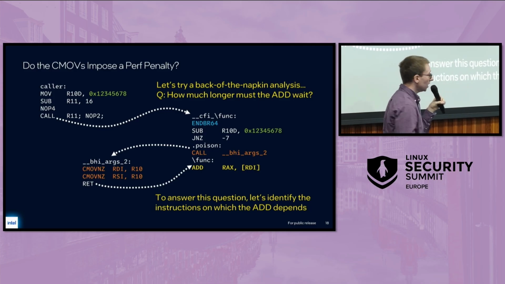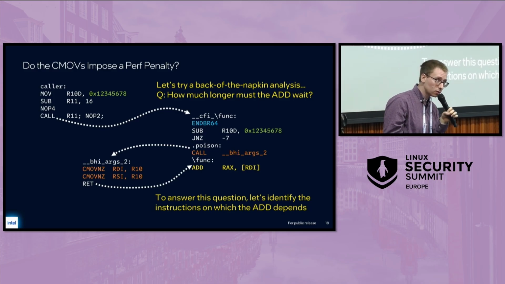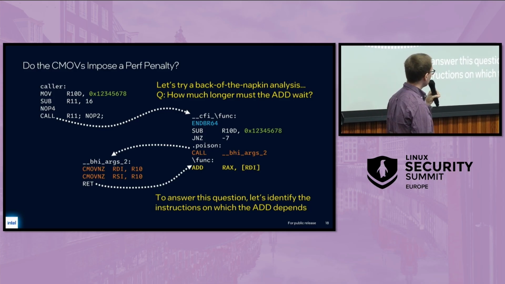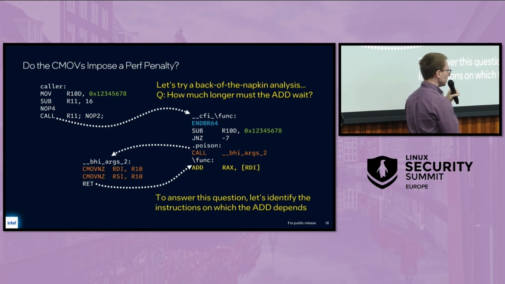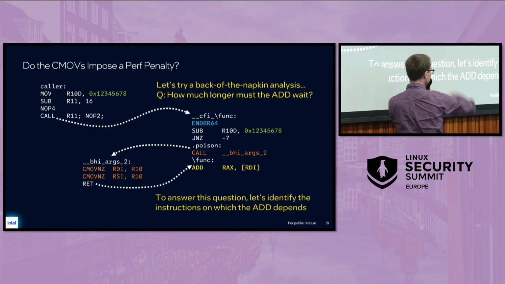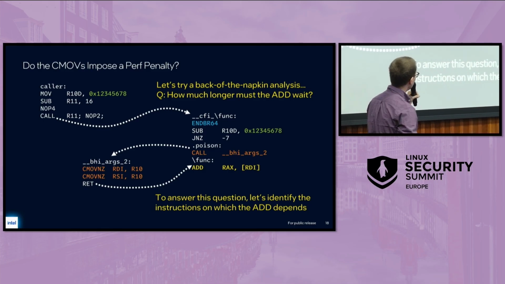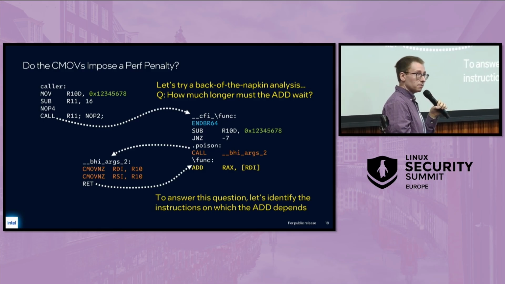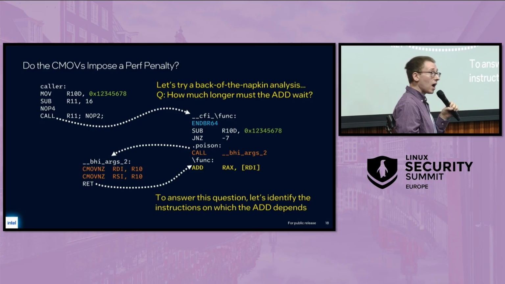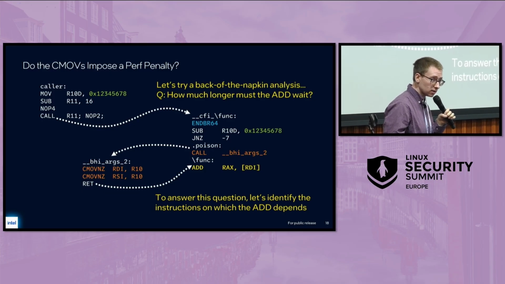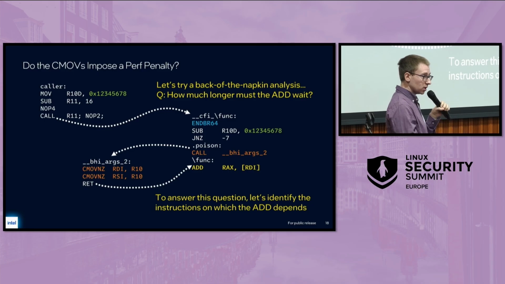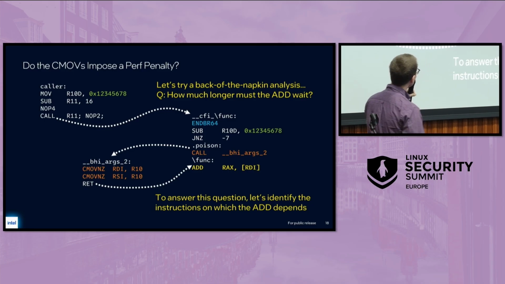So it's going to take the pointer argument, which was provided in RDI, and it's going to use that as one of its source operands. Remember, this is Intel, so we go from right to left, so RDI is the source there. And the back of the napkin analysis is going to ask, how much longer is this add going to have to wait to execute because we're doing this CMOV poisoning trickery?